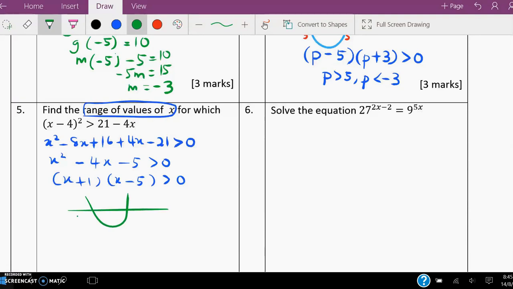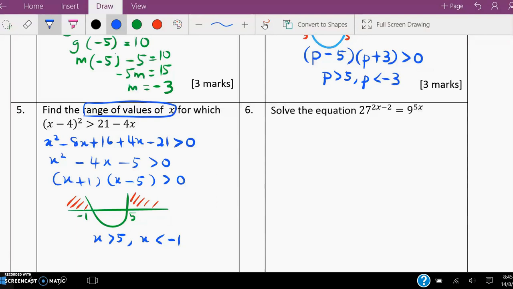Still, you don't have to draw it, but those who are struggling, you have to, because this is greater than. So let's use the red pen. Greater than means positive here. So the final answer is x is greater than 5, x is less than negative 1.